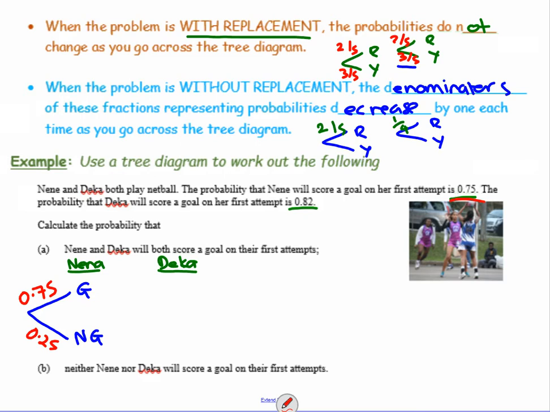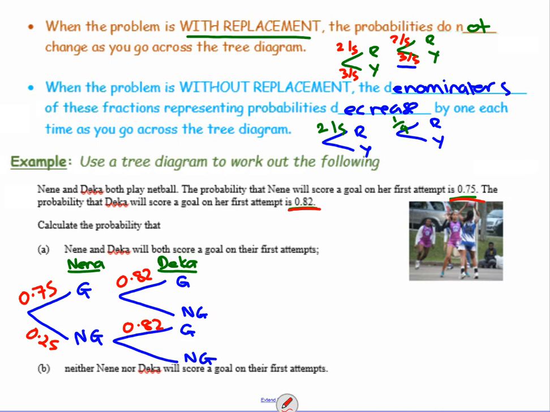Now let's do Dika's. So Dika's got the option of goal and not goal. So we've got to write goal and not goal coming off both of Nina's branches. So Dika's probability of goal on the first attempt is 0.82, and these are independent events because the probability of Dika getting a goal isn't affected by whether or not Nina got a goal.